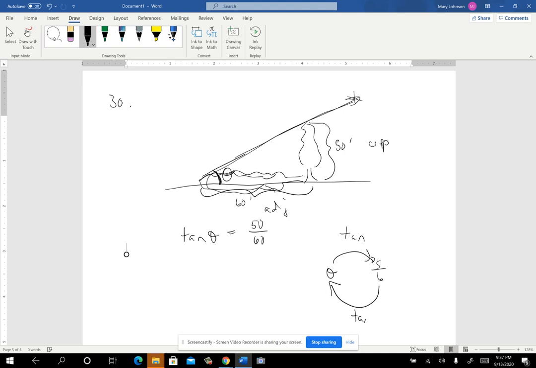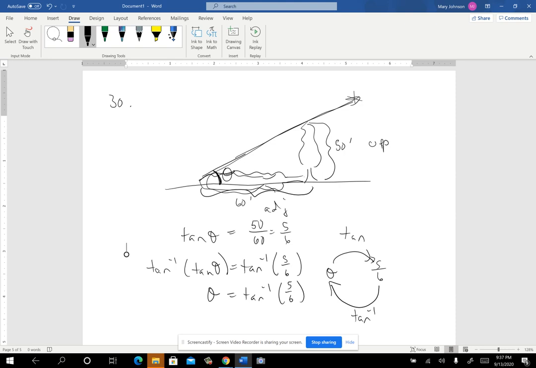Okay, that's tan inverse. That's that button that's above the tan button. So we're going to do tan inverse, which undoes the tangent function. And you could reduce that to 5/6 if you notice that. Okay, so then theta would turn out to be tan inverse of 5/6.